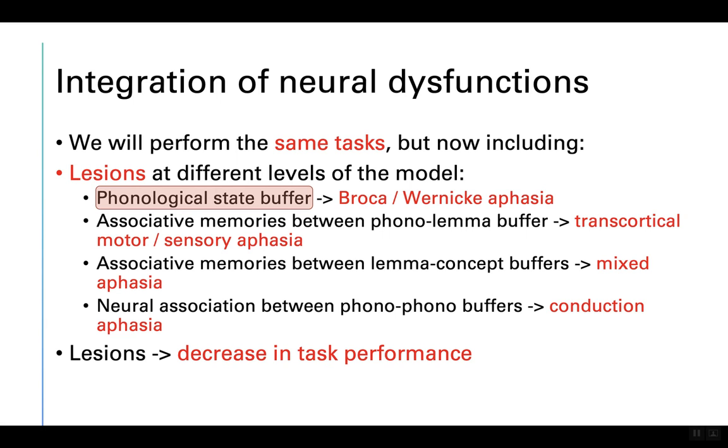So here we will perform the same task, but now including lesions at different levels of the model. For example, on the phonological level, the phonological state buffers can be affected. That means that percentages of neurons within these state buffers are lesioned, not working correctly. And that leads to Broca and Wernicke aphasia.